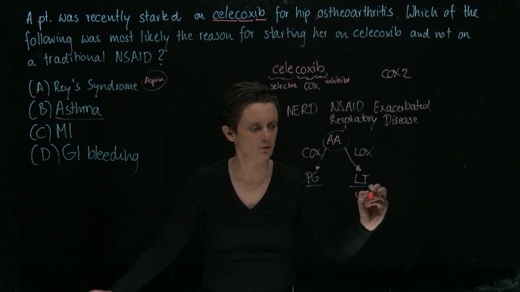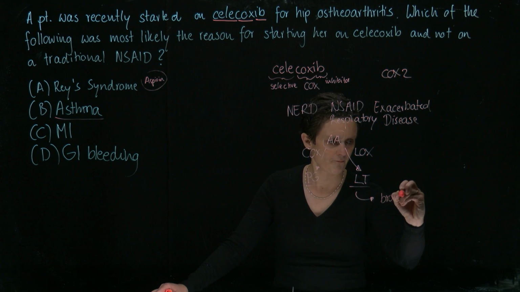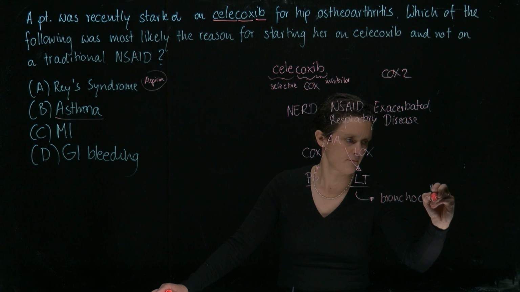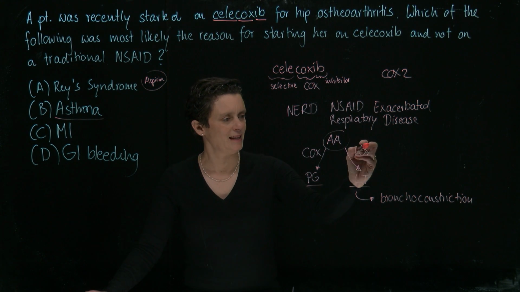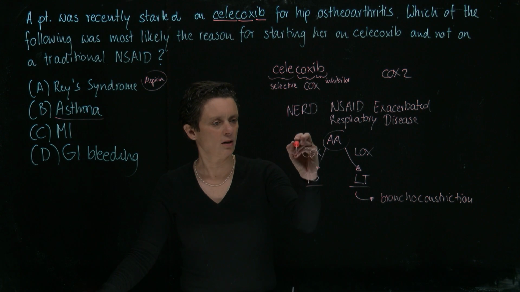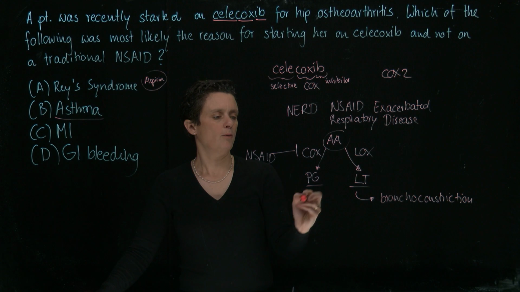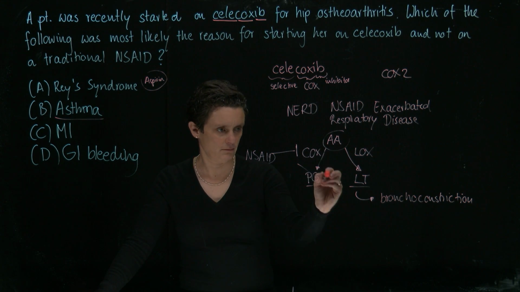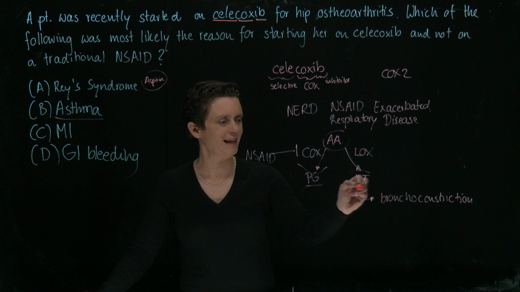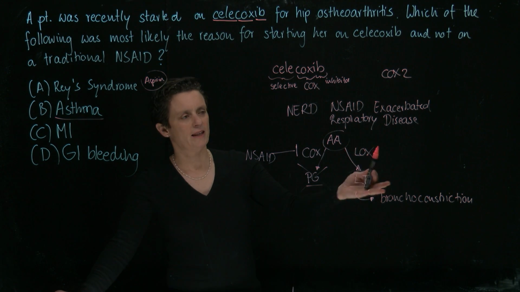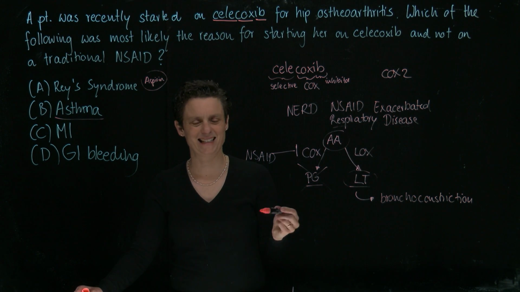Now it turns out that the leukotrienes stimulate bronchoconstriction, which is obviously not something you want to have in asthmatic patients. And the idea is, if you block COX enzymes with any NSAID, well, then you're going to have less prostaglandins, but you still have the precursor around, so you're going to make more leukotrienes, and therefore you exacerbate respiratory disease.